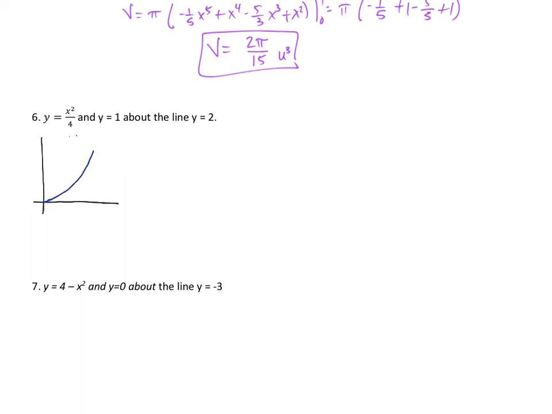I'm kind of exaggerating a little bit. The line y equals 1, we're going to go like this. And we're going to revolve this about the line y equals 2 right up here. We're going like that around that line. So it's this region in here, moving it up around there. All right.